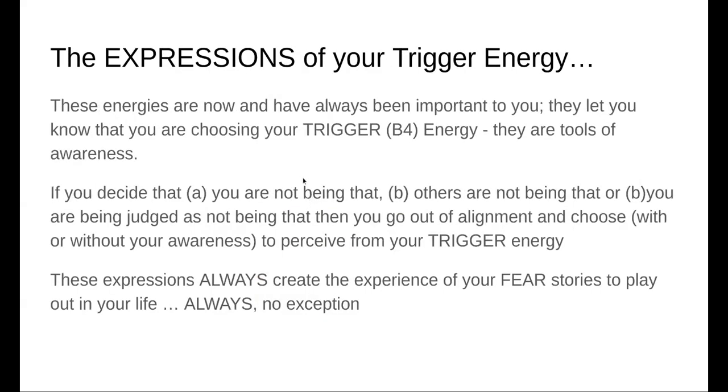What we've just learned from the list you've created is the expressions of this trigger called envy. These energies are now, and they've always been, important to you. When you decide that you're not being these things, envy is triggered, and I'll read them to you. Patience, unity, commitment, community, relationships, vision, beauty, questioning, independence.